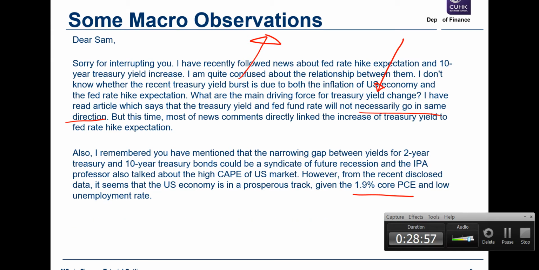okay, and then now this person, and I'm grateful for this email, is asking the narrowing gap between the 2-year Treasury and the 10-year Treasury. When the gap is narrowing, that must mean that the yield curve is what? If the gap between the 2-year and 10-year is narrowing, what does that mean?